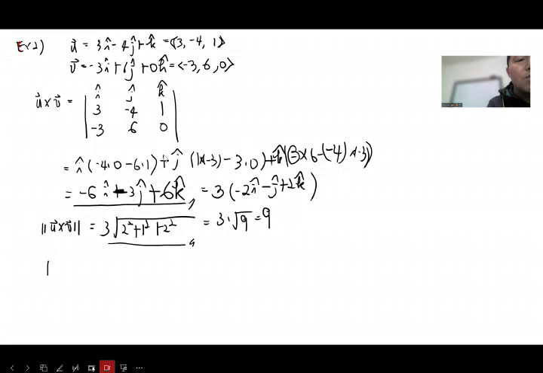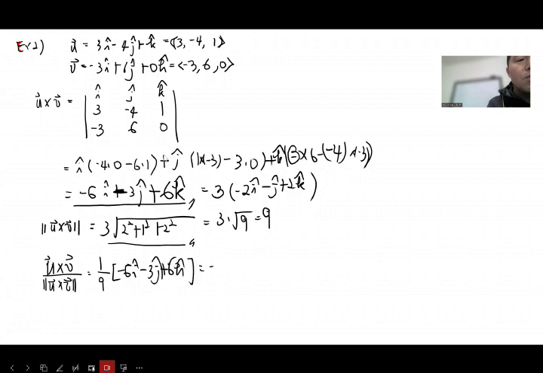So that should be u cross product v normalized by the magnitude of those vectors. It should be 1 over 9 times 6i minus 3j plus 6k.